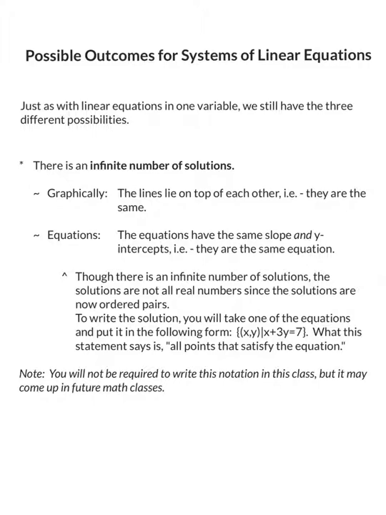The x plus 3y equals 7, this is just a general equation. And what this statement says is all points x, y that satisfy the equation x plus 3y equals 7, or whatever your equation is. Again, note, you will not be required to write this notation in this class, but it may come up in future math classes.